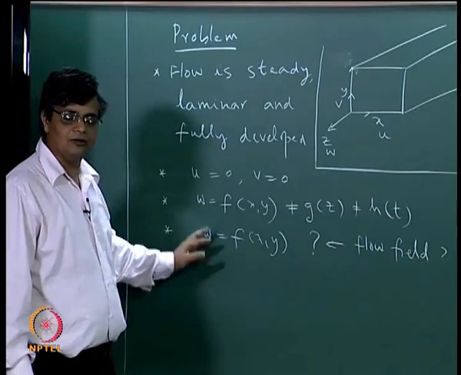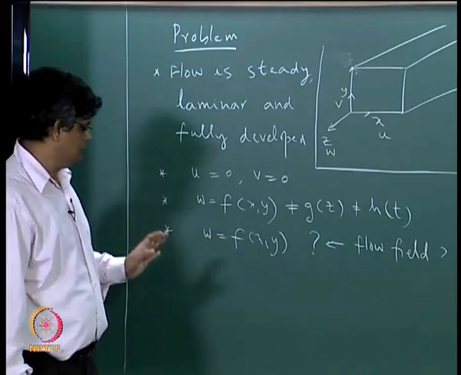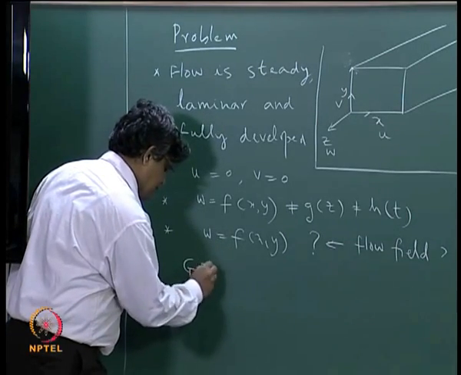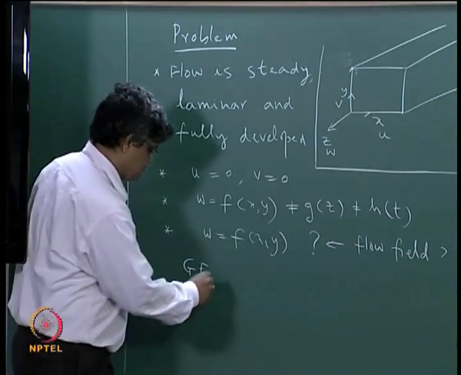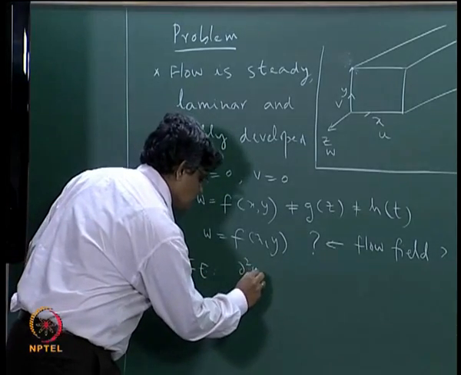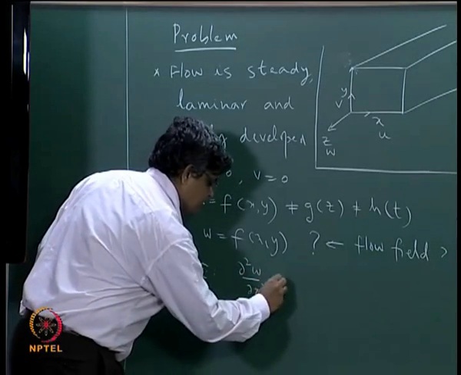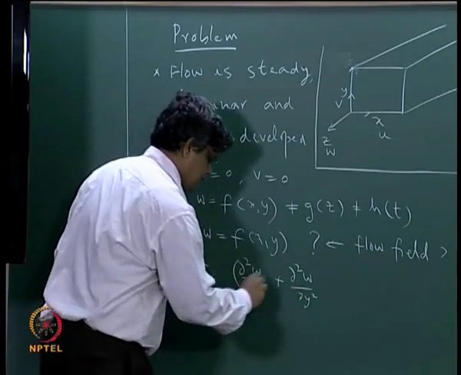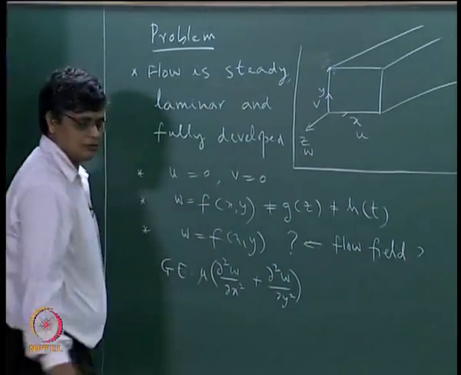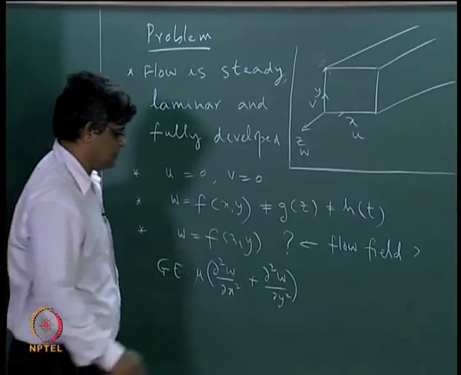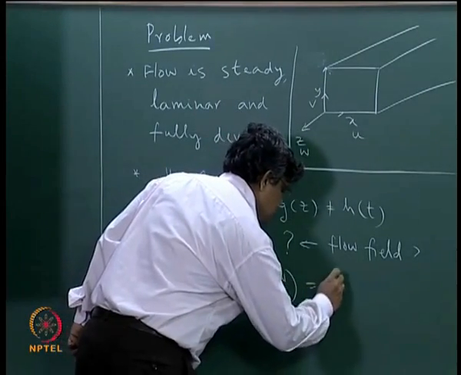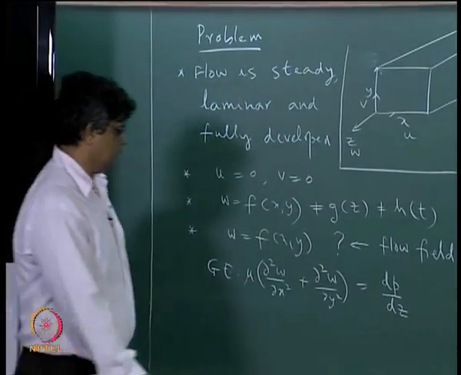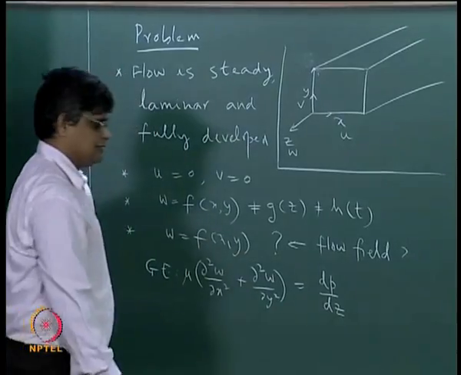In this particular case we will show later on that the governing equation is given by, we are putting it as G, mu times (∂²W/∂x² plus ∂²W/∂y²), where mu is the dynamic viscosity, is equal to dP/dz, where dP/dz is a constant.